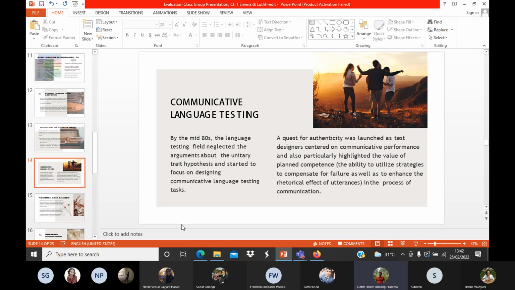A case for authenticity was launched as test designers centered on communicative performance and also particularly highlighted the value of strategic competence, the ability to utilize strategies that compensate for failure as well as enhance the rhetorical effect of the utterance in the process of communication. Next.